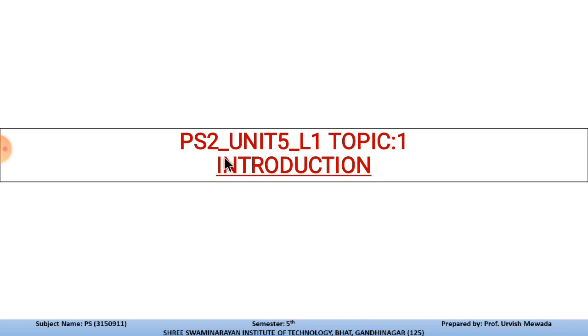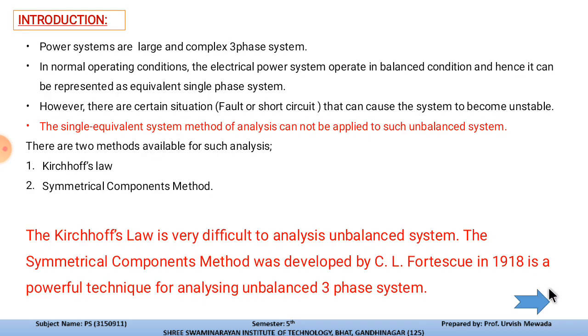This is lecture number 1, in which we are going to discuss topic number 1, the introduction of symmetrical components. Whenever we have a large power system, it is also called a complex power system. A power system is large and complex in three phase.